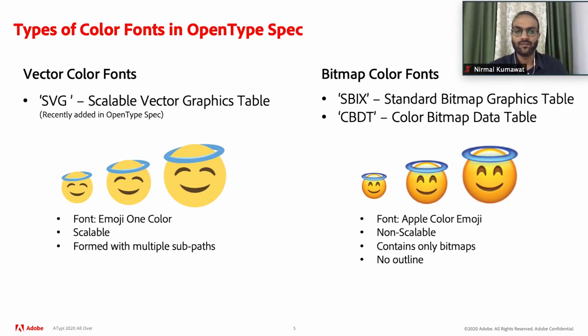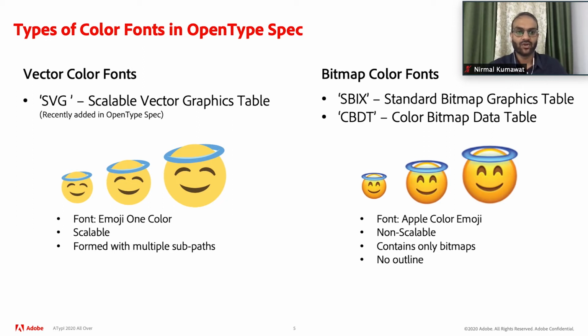The SVG table, which is known as the Scalable Vector Graphics table, has been recently added in the OpenType specification, which, as per the name, contains glyph information in the format of SVG. In contrast, bitmap color fonts can have either the SBIX table, which is known as the Standard Bitmap Graphics table, or the CBDT table, which is known as the Color Bitmap Data table.